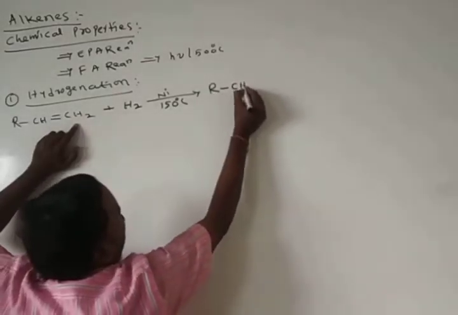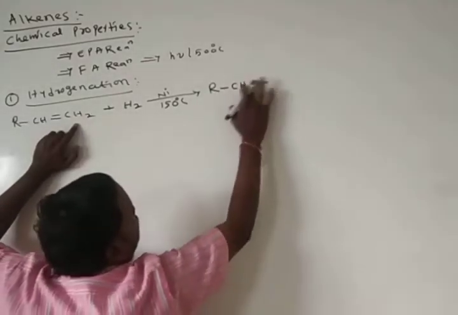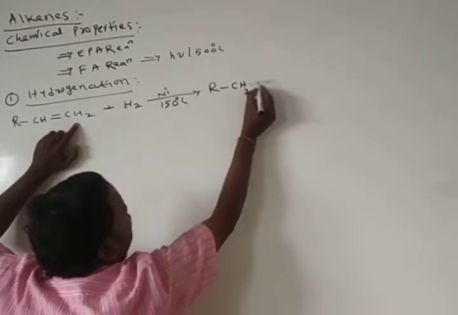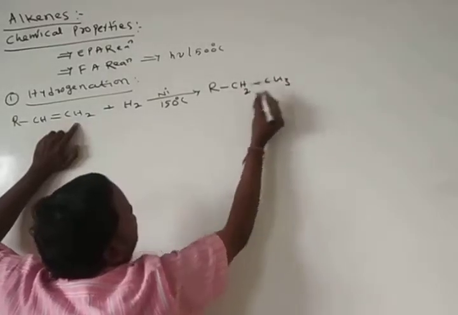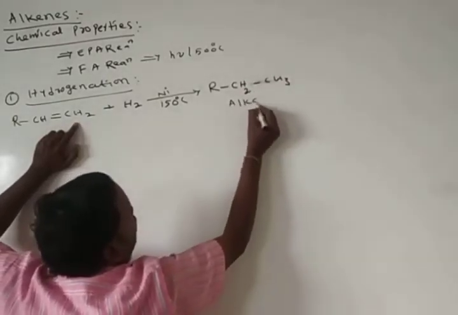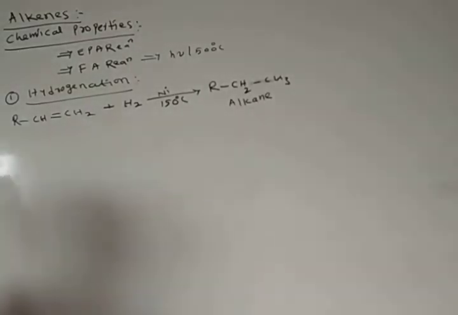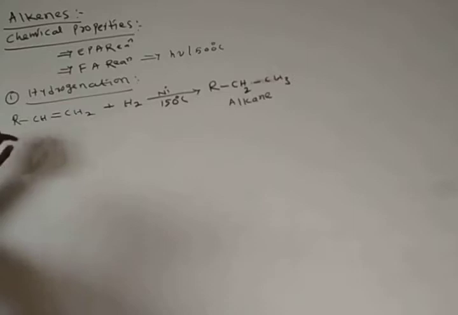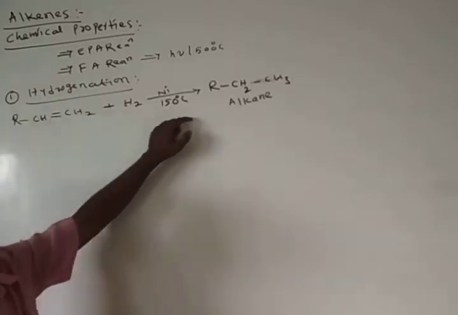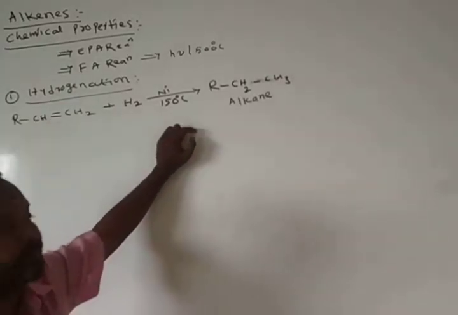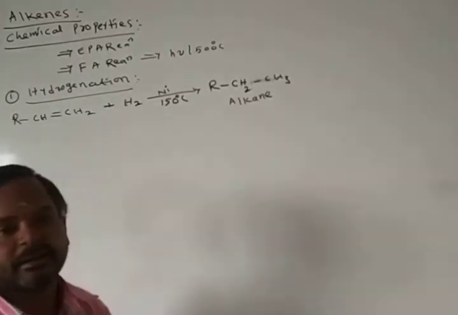We get RCH2CH3. Finally, we got alkanes. What is the statement here? The hydrogenation of alkene in the presence of nickel at 150 degrees centigrade temperature forms alkanes.